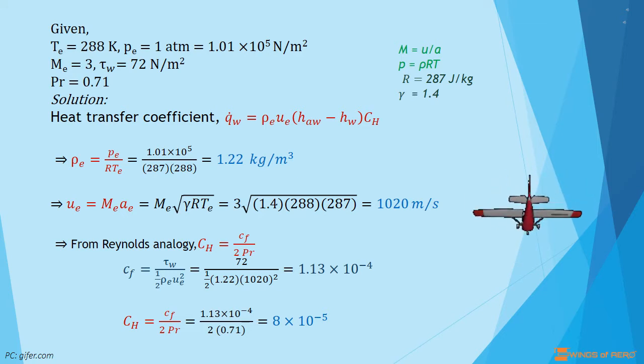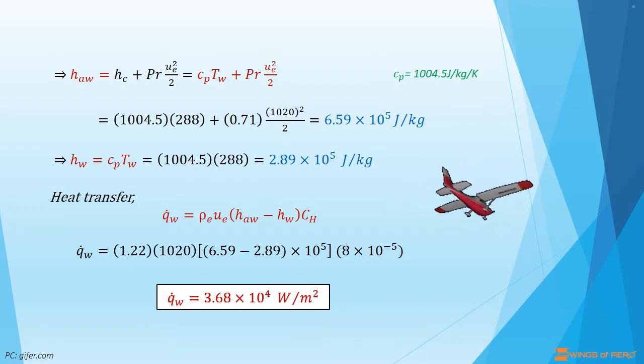We can define the skin friction coefficient as CF is equal to tau W divided by half rho E UE square, where we have all values. Substitute those values in this equation and solve. So CF is equal to 1.13 into 10 power minus 4. Now we can find CH. Substitute CF and the Prandtl number value in the CH equation, then simplify. Thus we get CH is equal to 8 into 10 to the power minus 5.